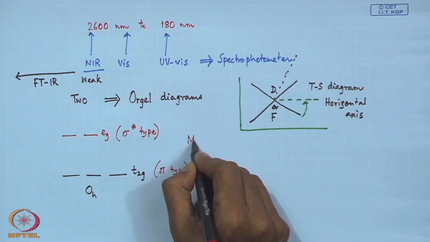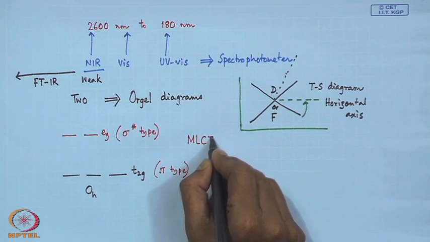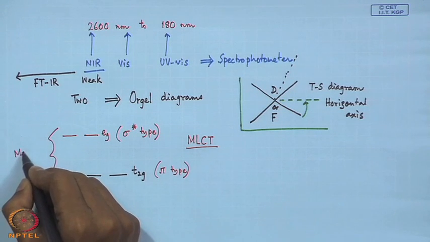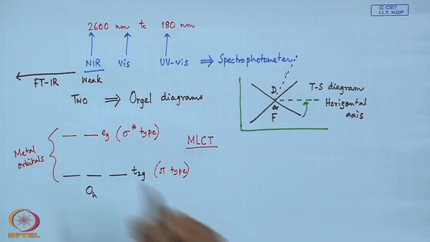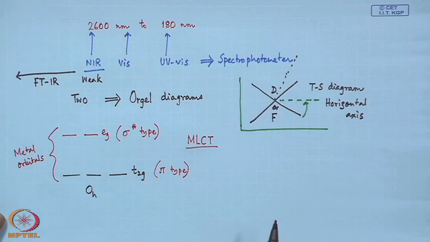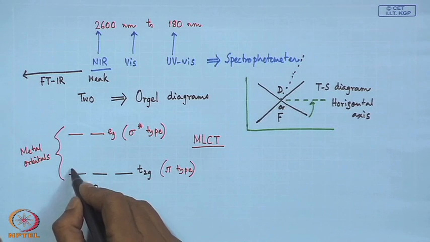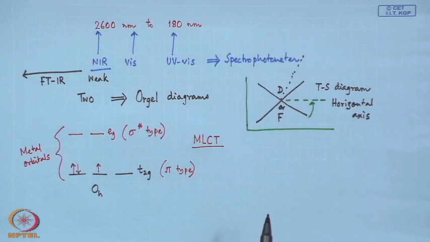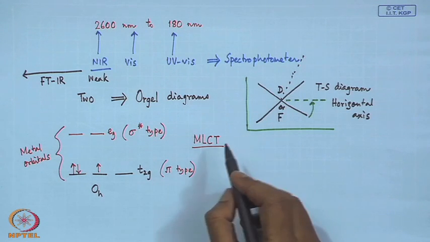If we are talking about metal to ligand charge transfer transition, these two are our metal orbitals, and they are utilized depending upon the number of electrons available. If it is a d3 case, this T2g, the pi type of orbitals, is available to some ligand type orbitals.